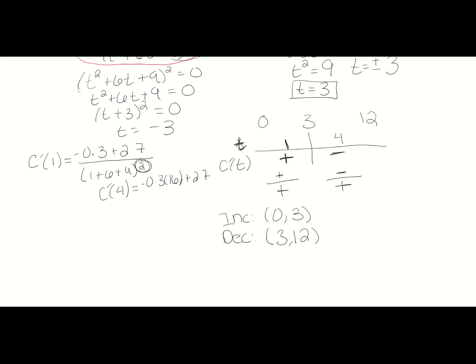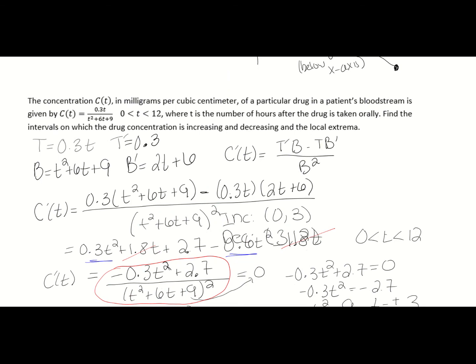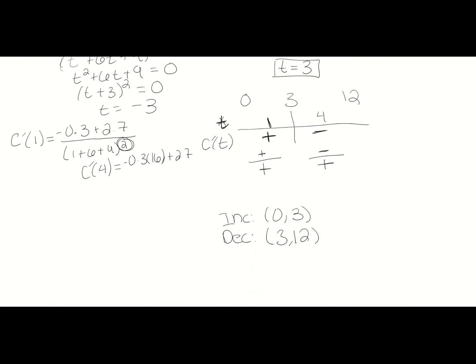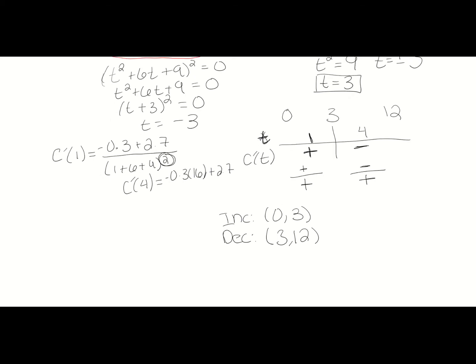And then one more thing it asked for was the local extrema. So because it's increasing from 0 to 3 hours and decreasing from 3 to 12 hours, that means that it increased and then it decreased, which means that t equal to 3 was a maximum. So this is when the drug concentration was at its highest at 3 hours, and then it started decreasing.